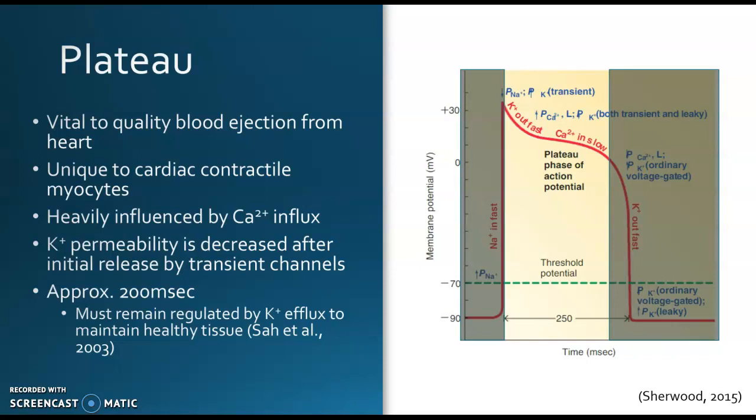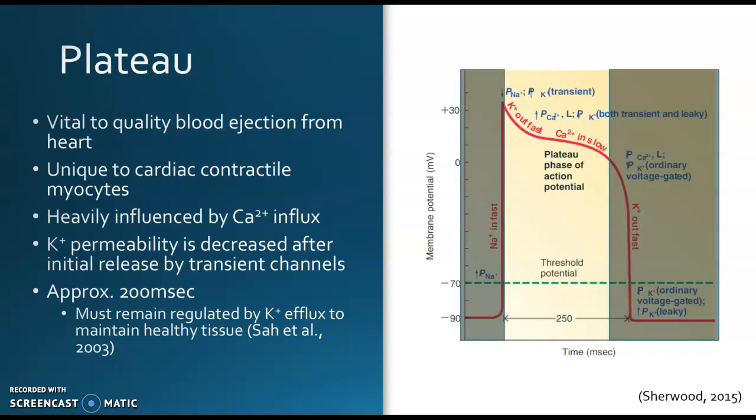And so these calcium channels and the reduction in potassium are what is going to let us maintain this nice plateau of potential, so that we have our about 200 millisecond time frame where we are able to ensure that quality blood ejection from the heart before another contraction happens.